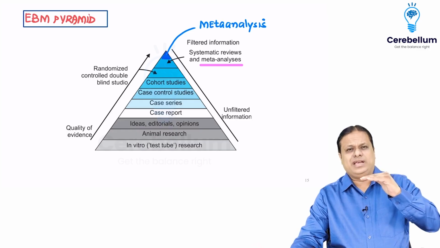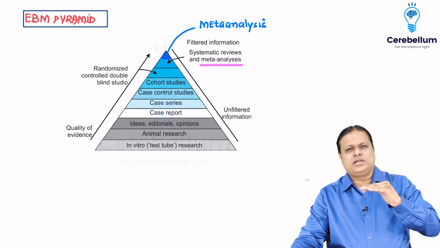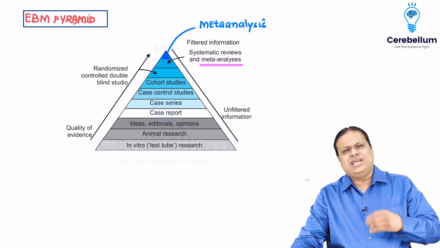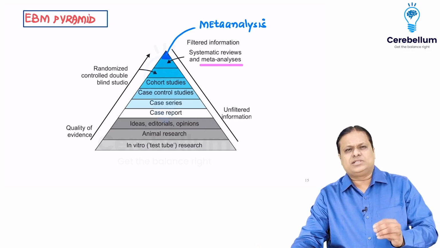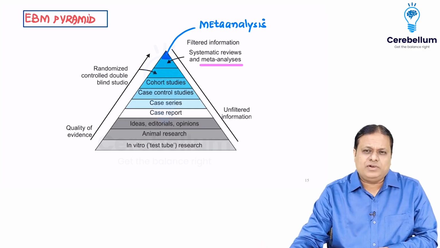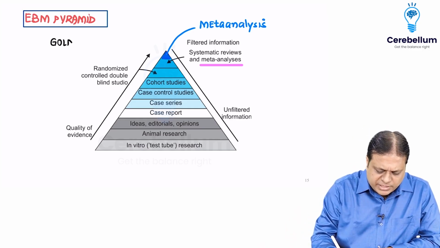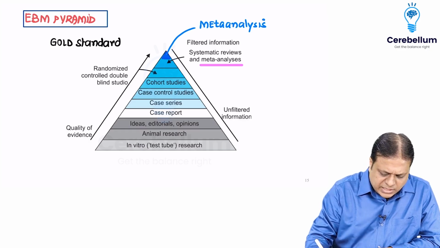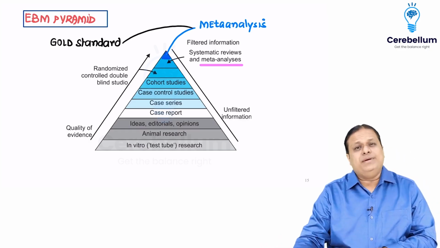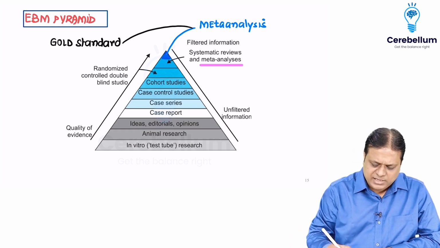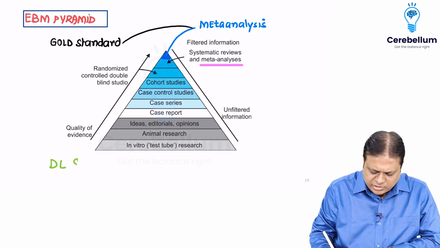Not possible, randomized control trial. Not possible, cohort study, case control study, cross-sectional, ecological. And then come opinion, views, beliefs, research. Bottom of the pyramid is in vitro. The gold standard of evidence-based medicine has to be meta-analysis again. Best study design. And who is known as the father of evidence-based medicine? That is David Lawrence Sackett.